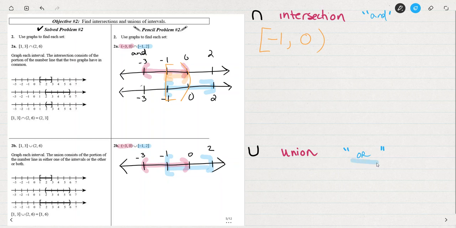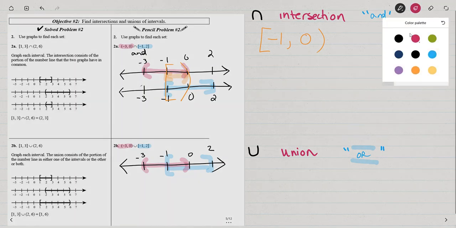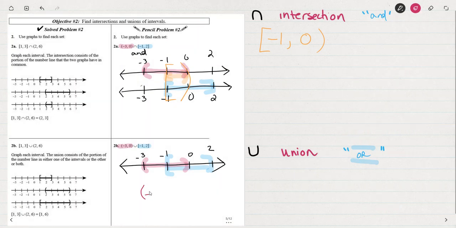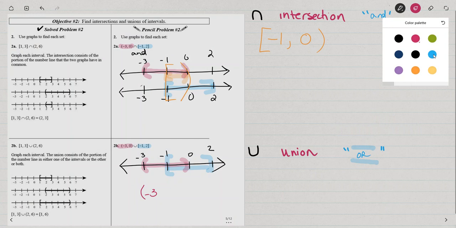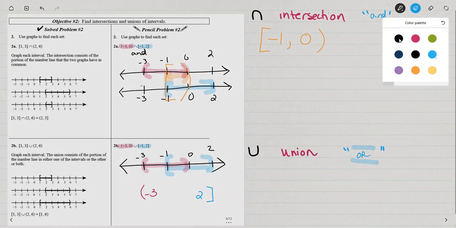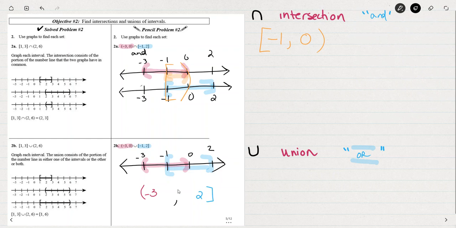This "or" means anything that's pink or blue. It might be one of the two, or it might be both. And you see that that's going to be this -3 all the way up to the 2. And that's the set -3 to 2, excluding the -3, including the 2.